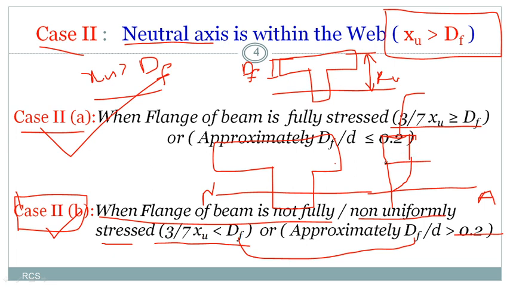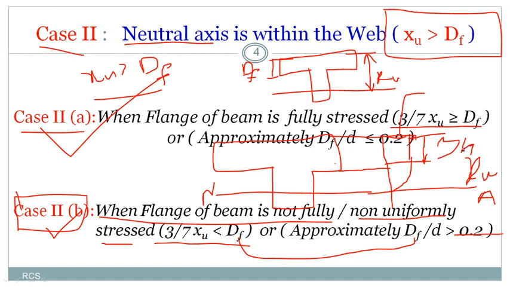If you observe this figure, this is the depth of flange DF, and this is the depth of the rectangular portion of the stress block, equal to 3/7 of XU. If you observe here, your DF is greater than 3/7 of XU.